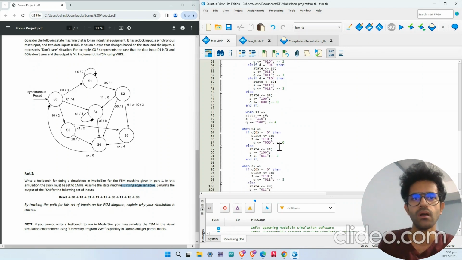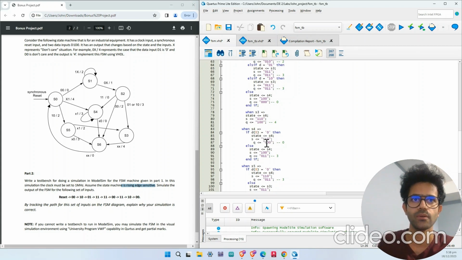And now state 4. If S4, we can see if the LSB is 0, that is D0 equals 0, we go to S6 with an output of 0.